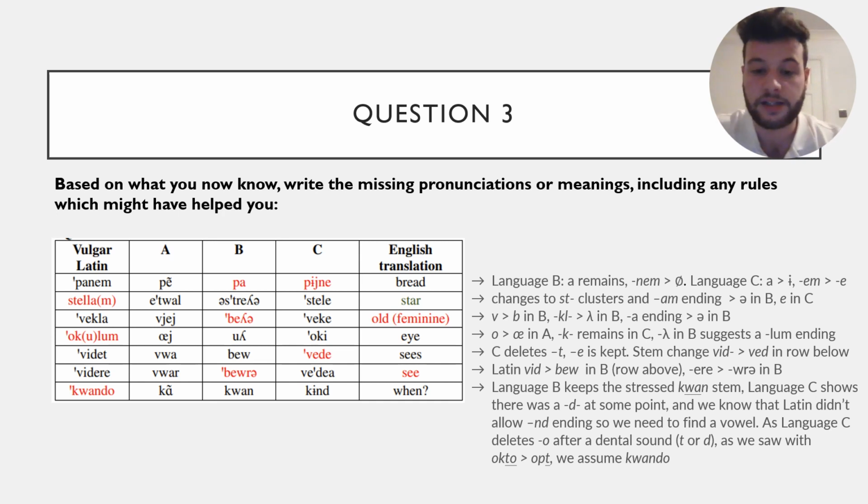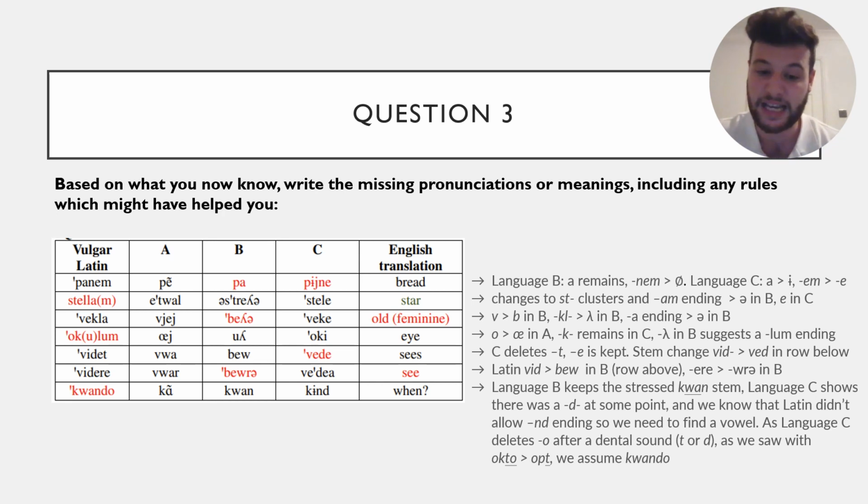This videt to vede, I thought that it was best if we think about it in terms of these two rows here. Now note that if the information is not available in the previous section, it might be in front of you.